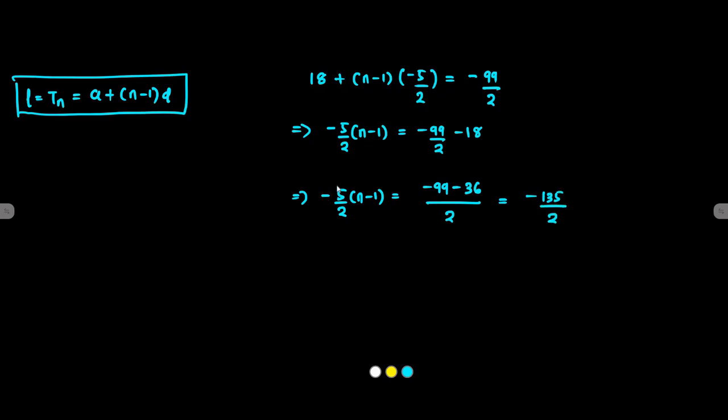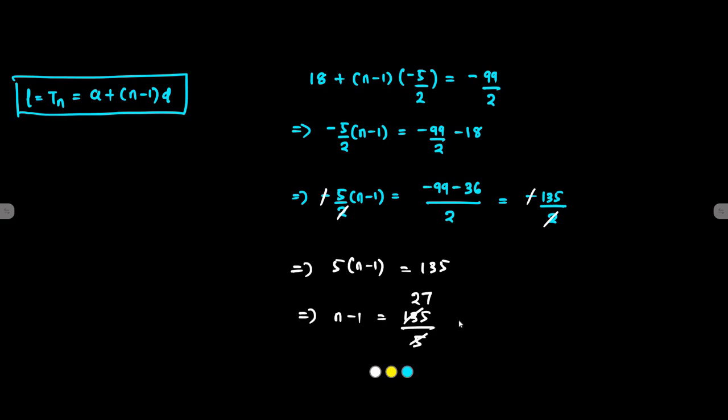Here the minuses get cancelled, the 2 gets cancelled, that implies 5 into n minus 1 is equal to 135. That implies n minus 1 is equal to 135 by 5, which is equal to 27.